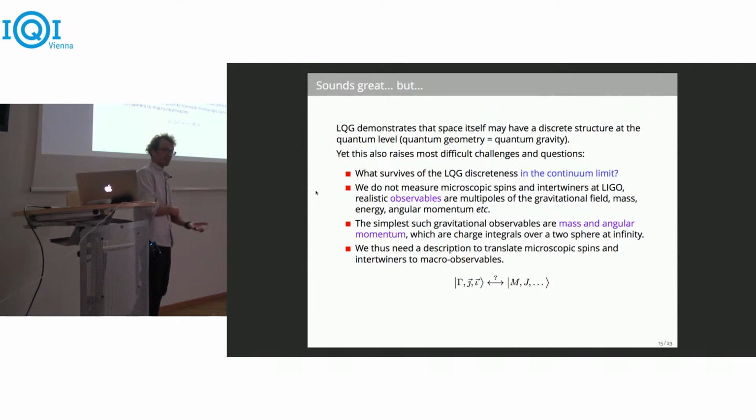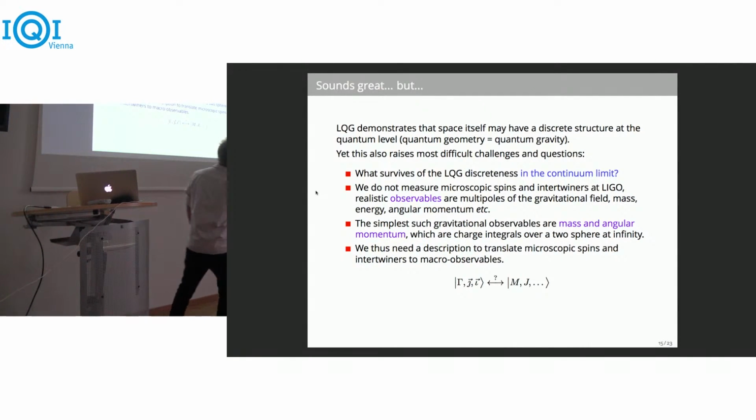So that sounds very great and interesting. However, there are major difficulties and challenges. What is great about this approach is that it's a kind of proof of principle that indeed quantum gravity can be thought of just as an approach for how to successively quantize geometry.